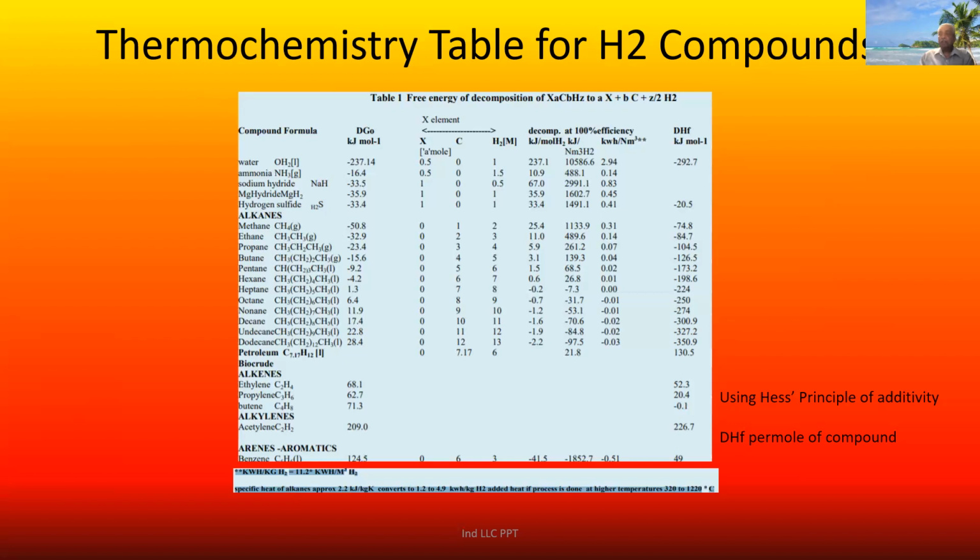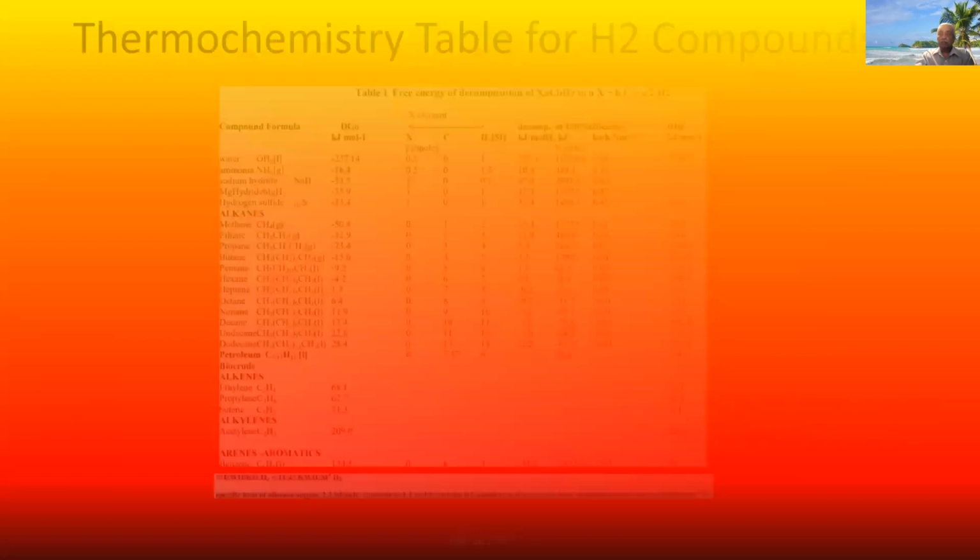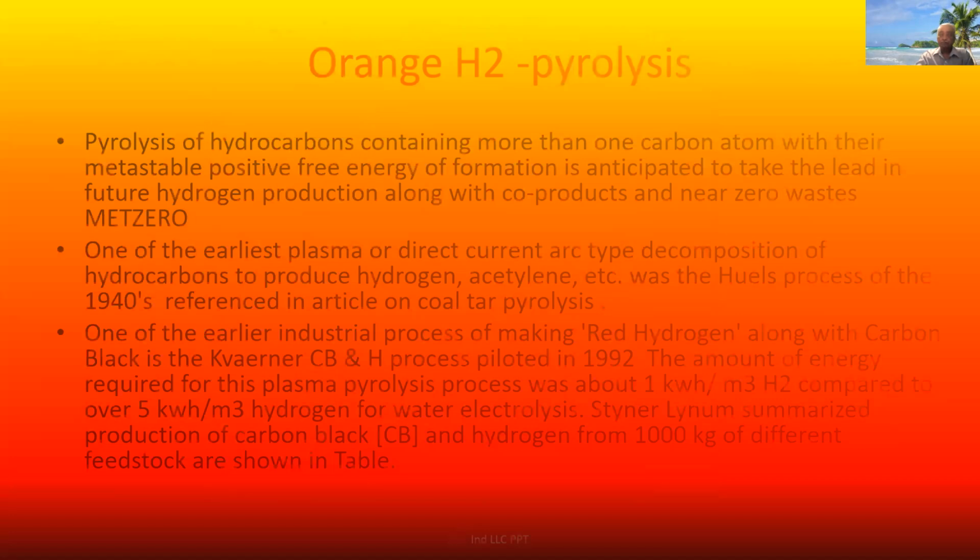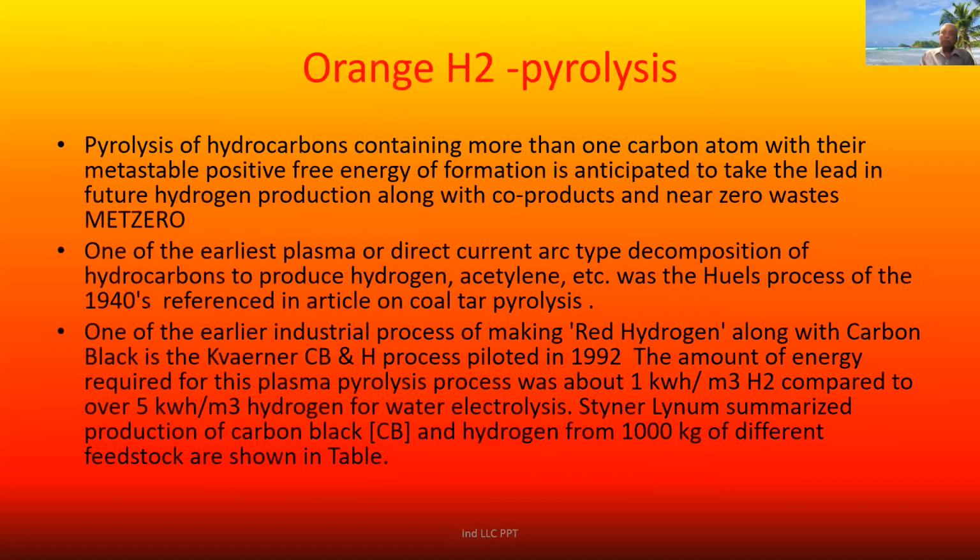Better to divide those numbers by the number of molecules of hydrogen present in that alkane. You'll find they are much less than that required for natural gas or methane. We touched upon methane pyrolysis, which we will come to again in the next couple of slides.